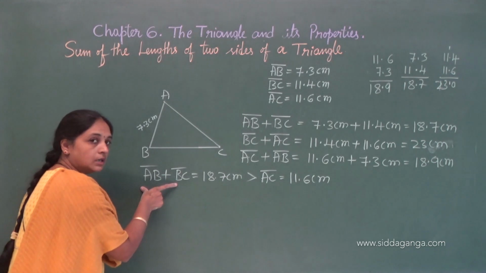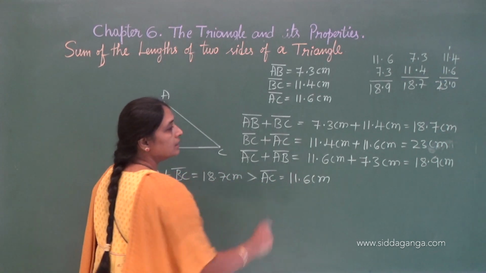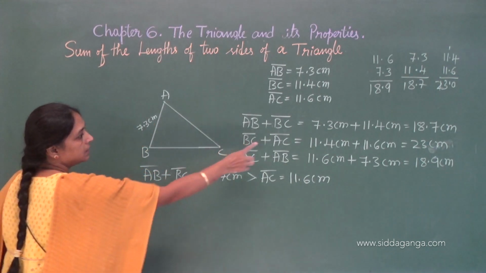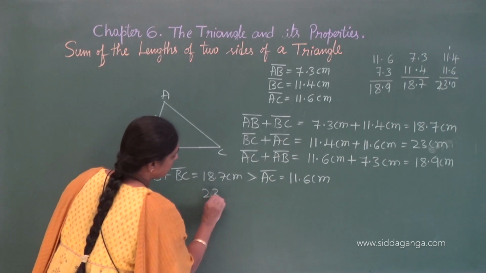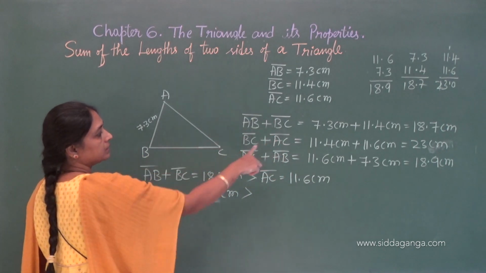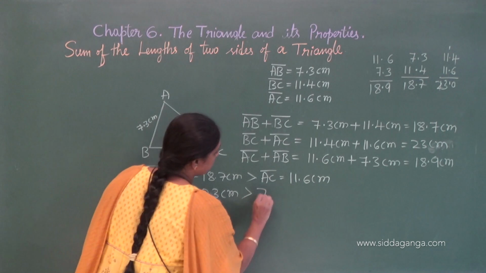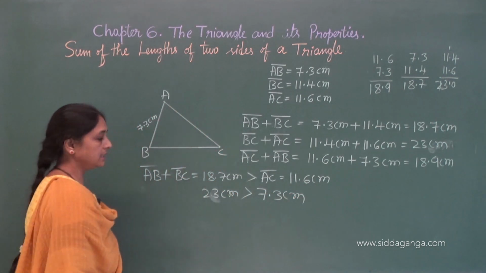So here the sum of these two sides is greater than the third side. Let's consider BC and AC. The sum of those two is 23 centimeter, and the remaining one is AB, that is greater than 7.3 centimeter.